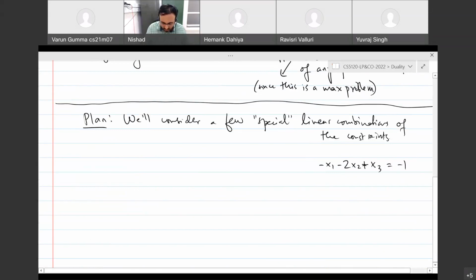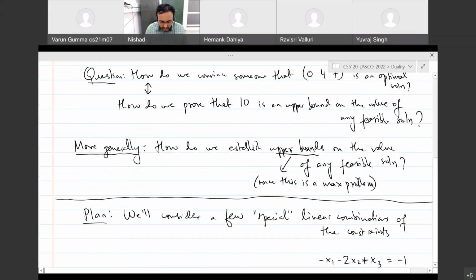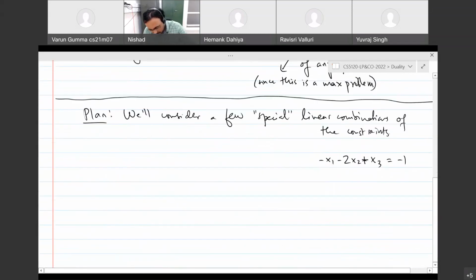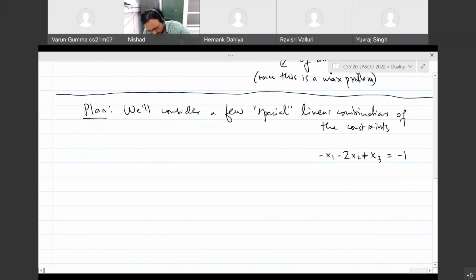And the next one is 1, -1, 1, 3. So this is going to be our constraint 1 and constraint 2.